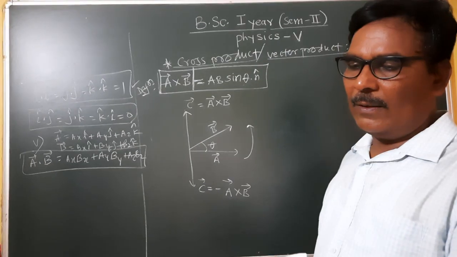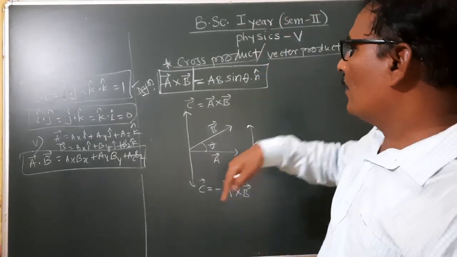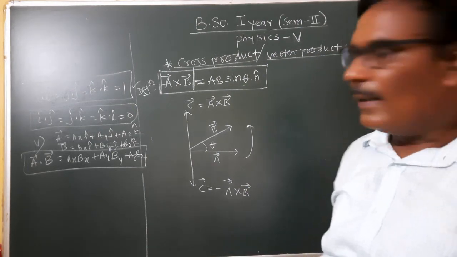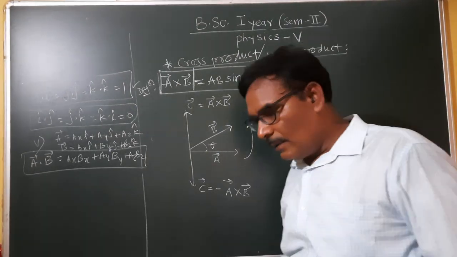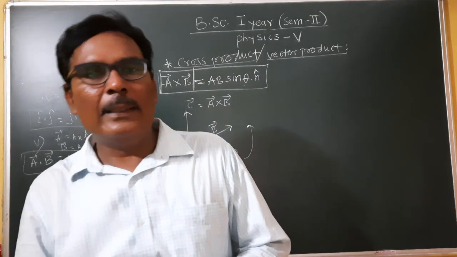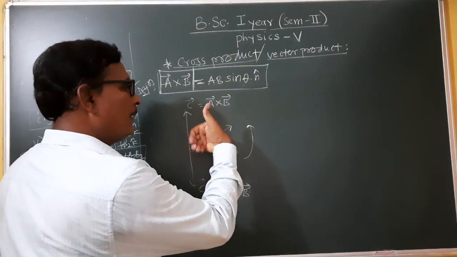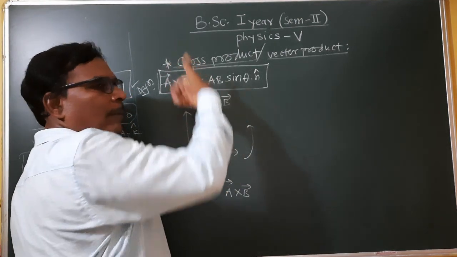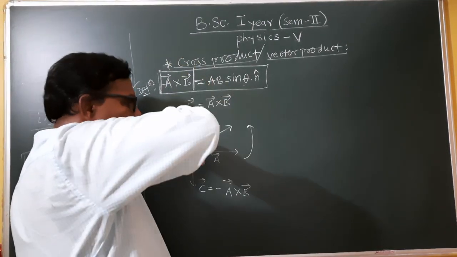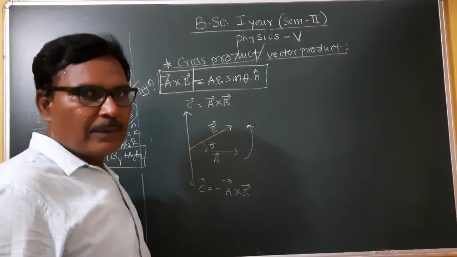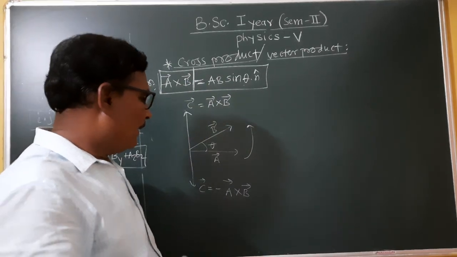This is the plane we have, and the third vector is perpendicular, and whose direction is given by the right hand thumb rule, or right hand rule. That is, when vector A is rotated to B, at that time direction is upward, and if B is rotated to A, at that time direction is downward.